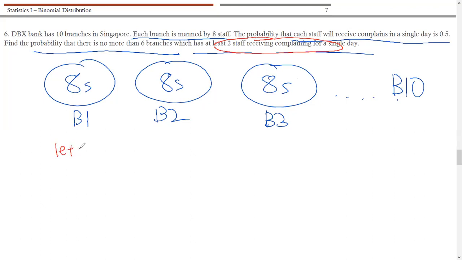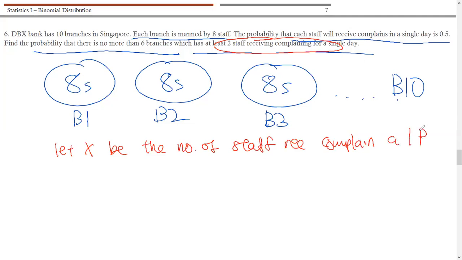So let X be the number of staff receiving a complaint in one branch. So X follows a binomial with 8 people in one branch, and the probability of receiving a complaint is 0.5.